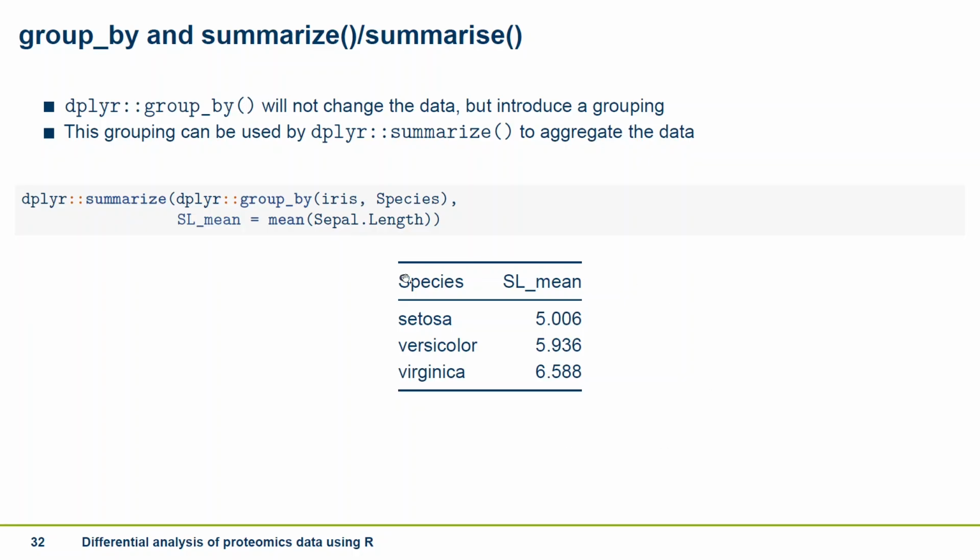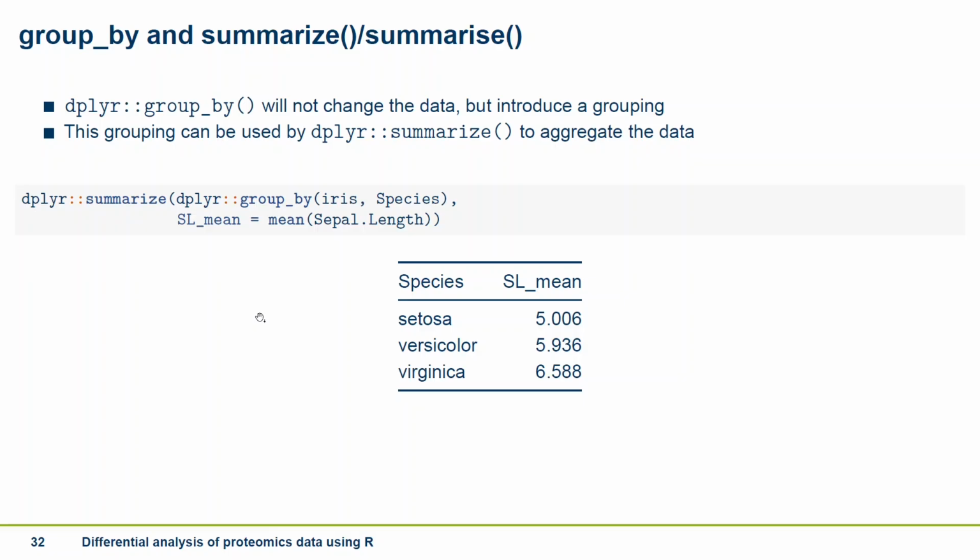And in this case, the output is a very small data set which gives you the mean value for each species. So here in the summarize function, you basically define what should be calculated, so the mean of the sepal length. And then with this group by, you basically define that it is not done on the whole data set, but for each group separately.